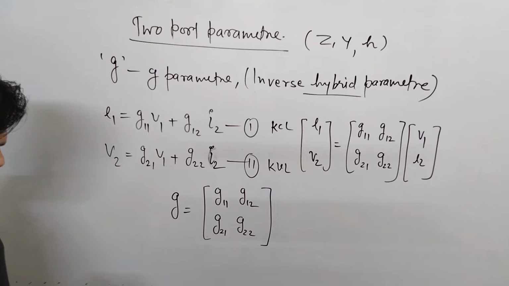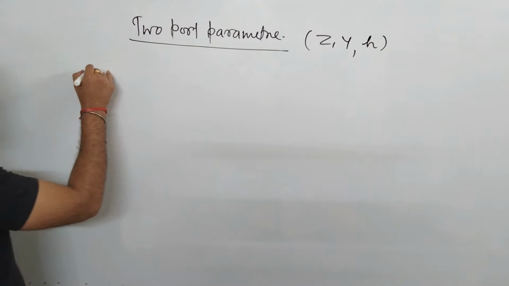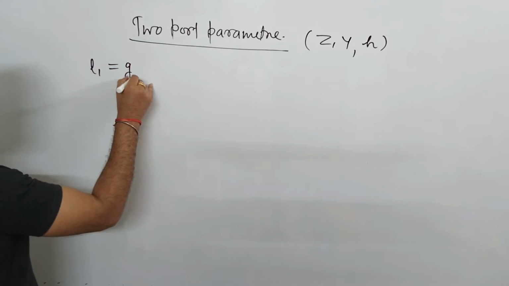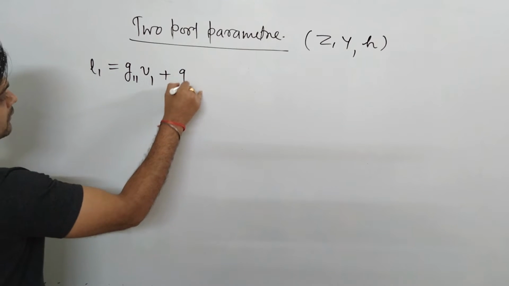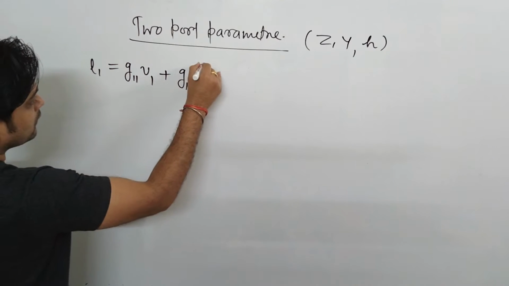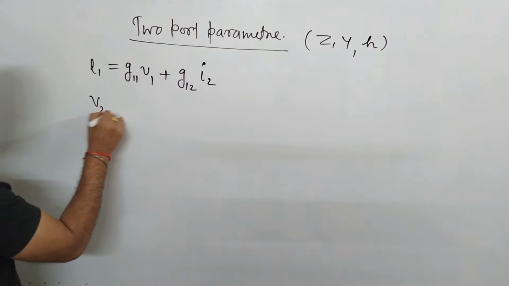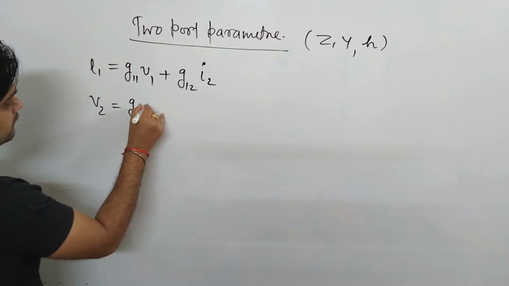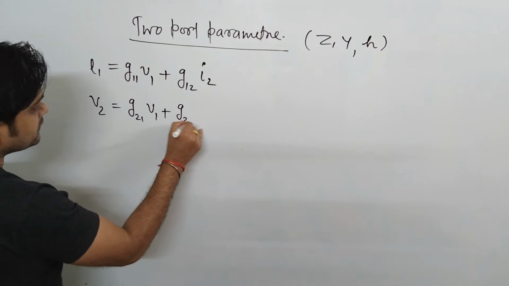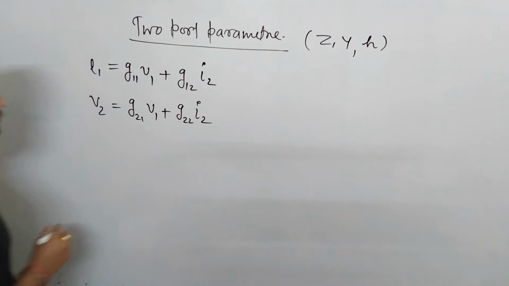Now we will see the nomenclature of G11, G12, G21 and G22. This was our equation in the form of G parameters: I1 is equal to G11 V1 plus G12 I2, and V2 is equal to G21 V1 plus G22 I2.